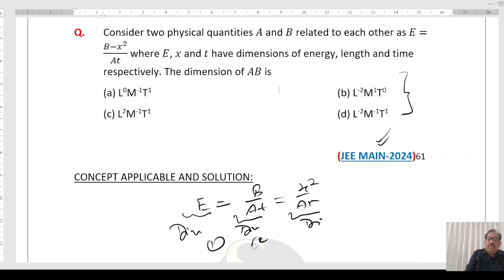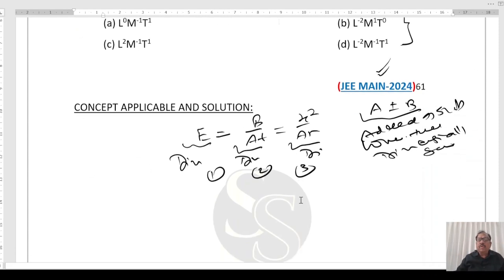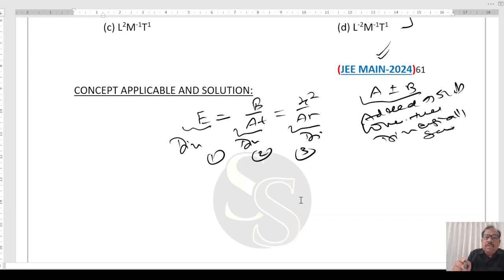I took this as 1, this as 2, this as 3. A plus or minus B: in physics, two quantities can be added or subtracted when they are dimensionally the same. Use this property. Now, in this case, two variables are there, here is one variable. Therefore, taking 1 equal to 3.